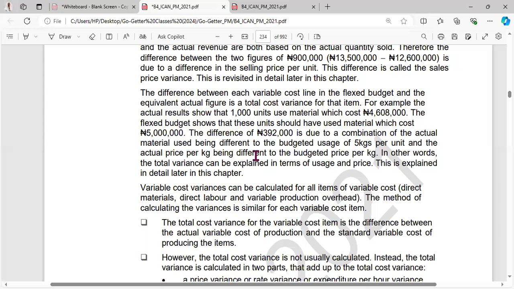Variable cost variance can be calculated for all items of variable cost. The method of calculating the variances is similar for each variable cost item. And I'm going to teach you how you can derive the formula by yourself and apply it on direct material, direct labor, and variable overhead with ease. So you don't need to cram the formula.